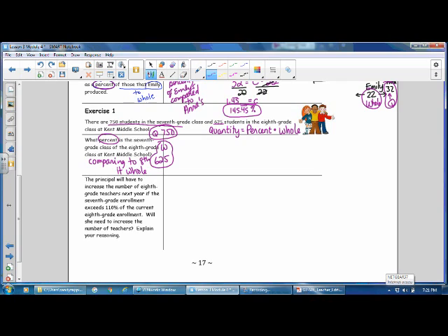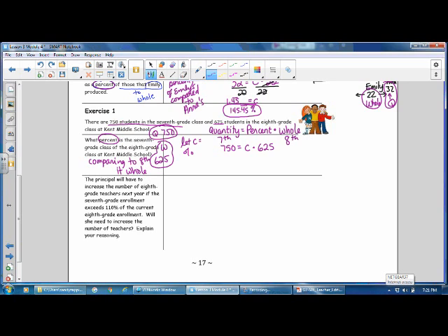Another way to do this so that you don't make a mistake is to write the words. So we said that our quantity is our 7th graders and our whole is our 8th graders. And the 7th graders is 750 students. Let C equal the percent times the whole 8th graders, which is 625.